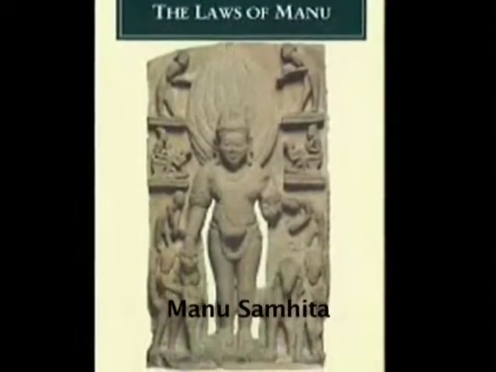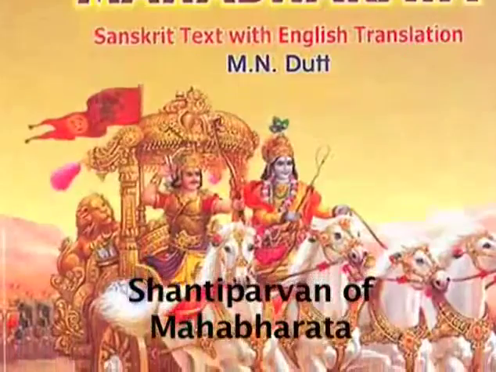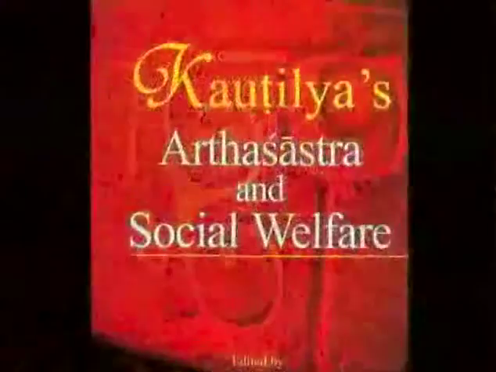Many texts on political theory, like the Manu Samhita, the Shanti Parvan of the Mahabharata, and of course the Kautilya Arthashastra, regularly speak of 7 elements or limbs that make the state, at least the monarchical state.